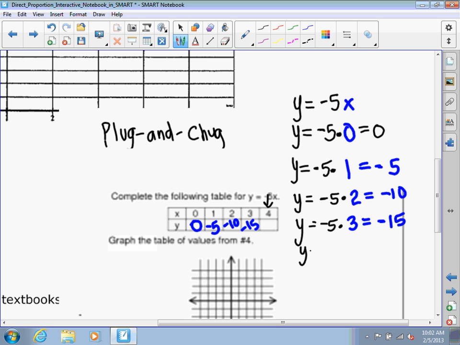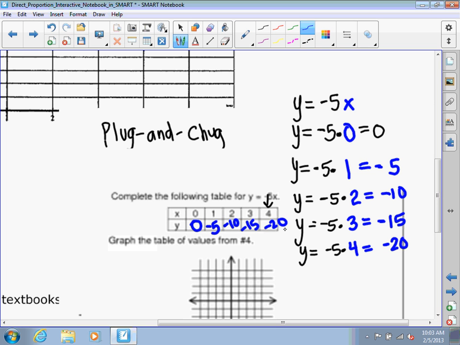So we get y is equal to negative 5 times 4, which is negative 20. And that's plug and chug. The number in, your value out. Chug, chug, chug, machine. Oh, we took an apple.